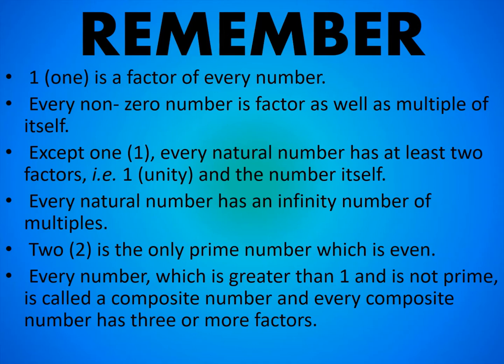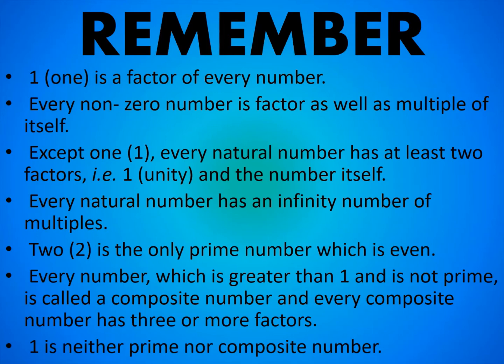A natural number that is divisible only by 1 and itself is called a prime number. For example, 2, 3, 5, 7, etc. And the last point is 1 is neither prime nor a composite number.